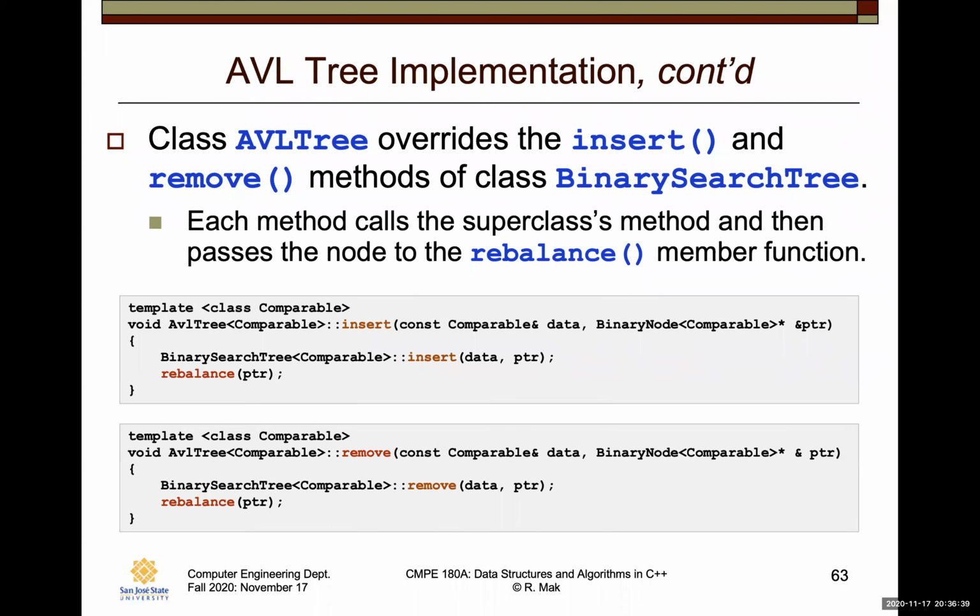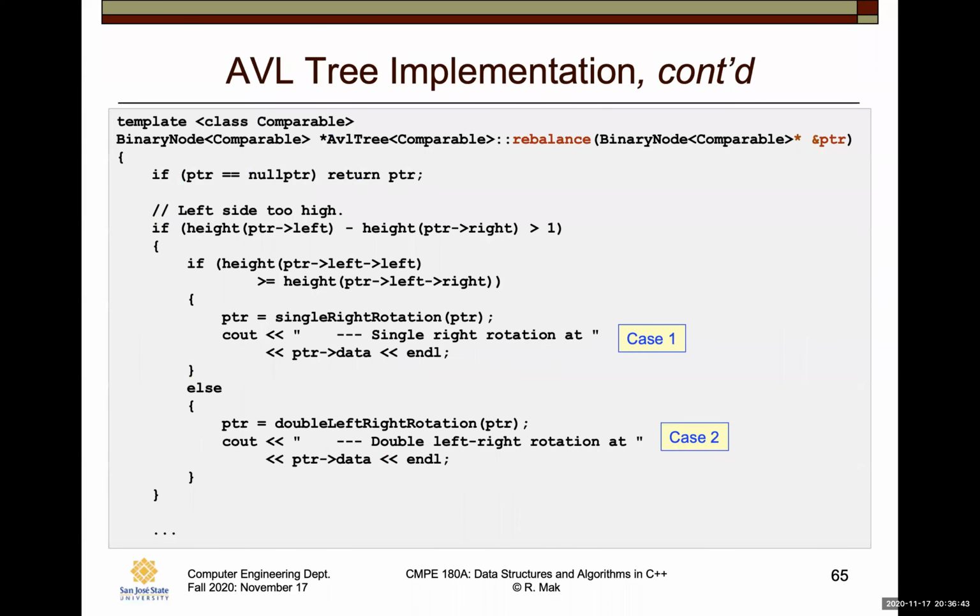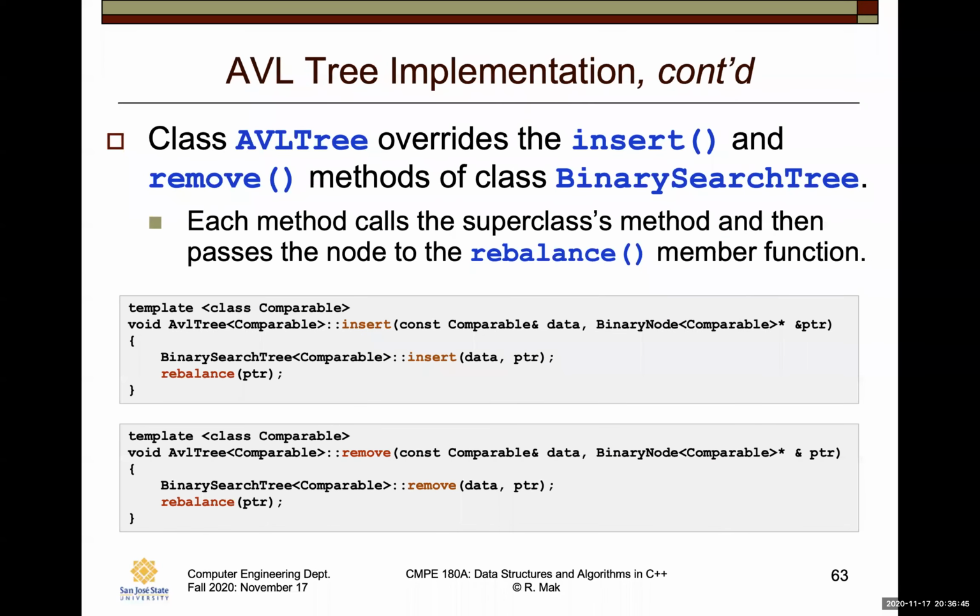And after we've done a regular insert, then we have to call rebalance to make sure that the tree is still balanced. Now maybe rebalance doesn't have to do anything because the tree has not become unbalanced, but if the tree has become unbalanced, then rebalance does all those rotation operations in order to rebalance it.